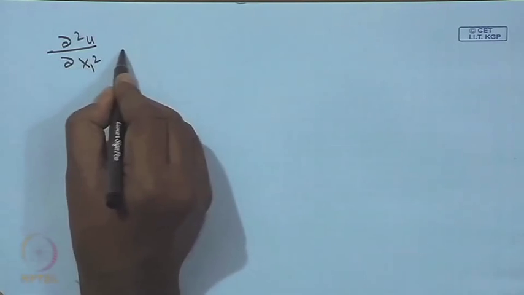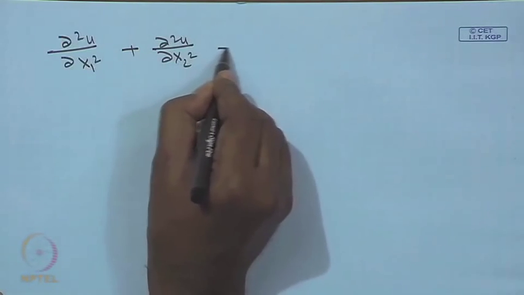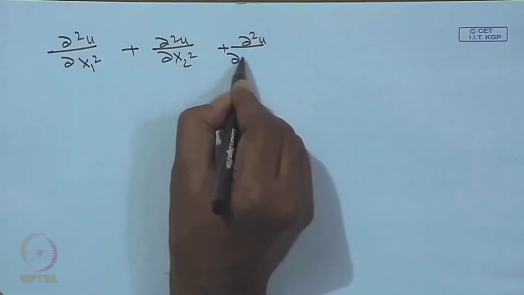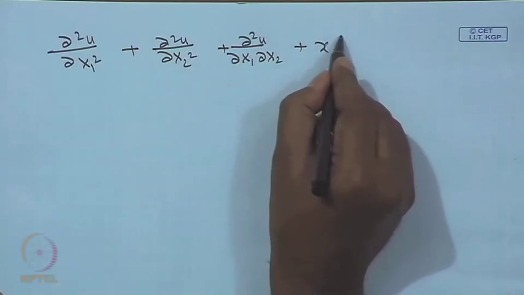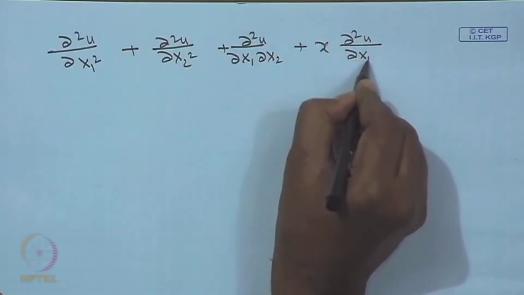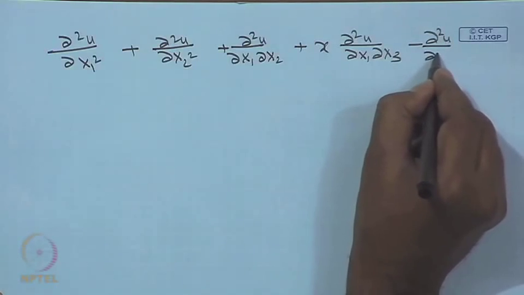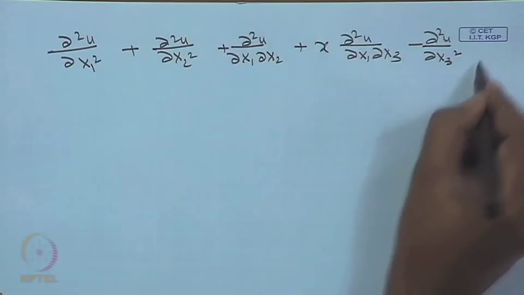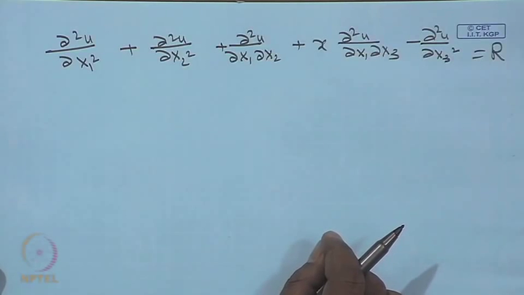If you do that, what you will be getting is del square u del x 1 square plus del square u del x 2 square plus del square u del x 1 del x 2 plus x del square u del x 1 del x 3 minus del square u del x 3 square is equal to, let us say, R, and R contains all the first order partial derivatives and the non homogeneous term f of x, y and z.